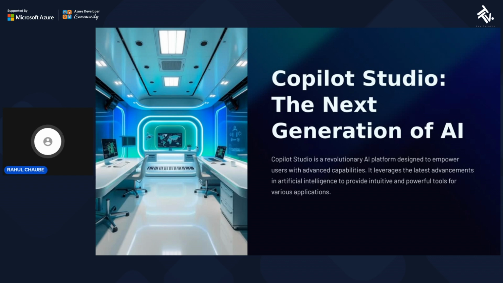This means whether you are working with text, image, code, or a complex project, Copilot Studio is there to assist at every stage. It's just like having an AI-powered assistant for all your creative and technical needs.